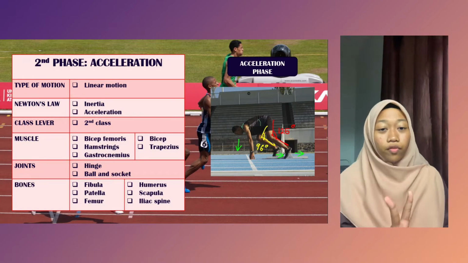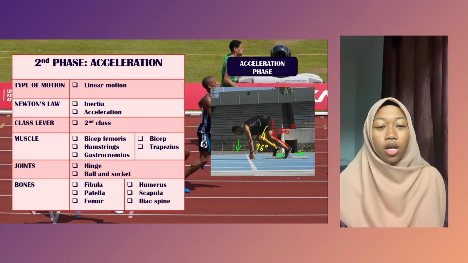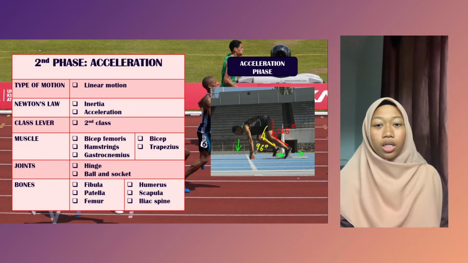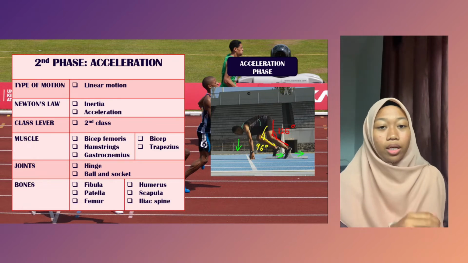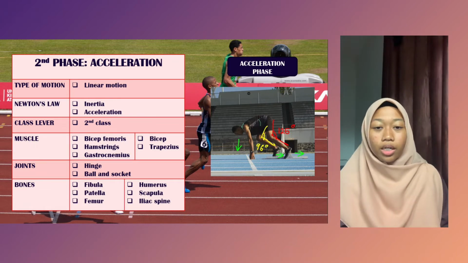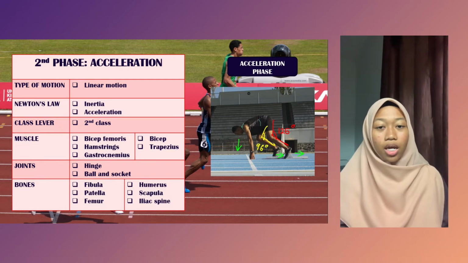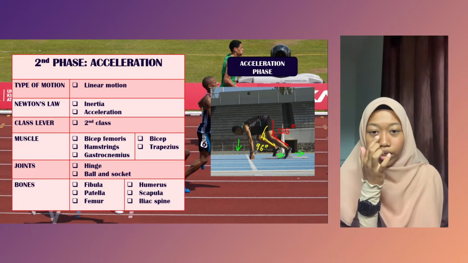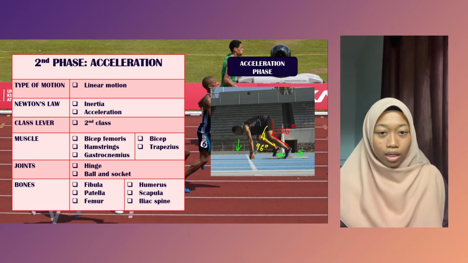The second phase is the acceleration phase. The type of motion in this phase is linear motion, same as the first phase. Newton's law is acceleration and inertia. The class level is second class level.